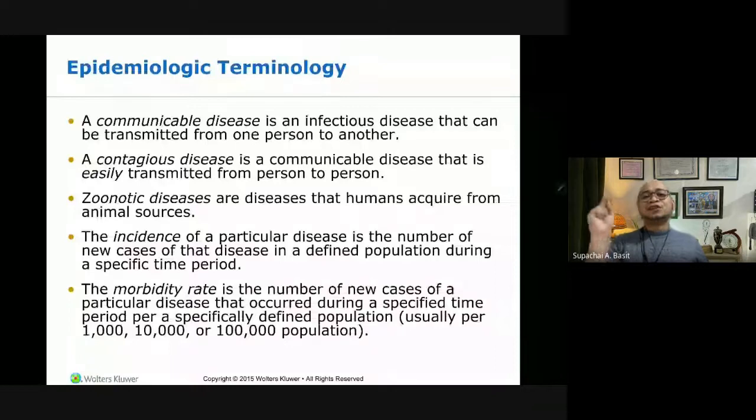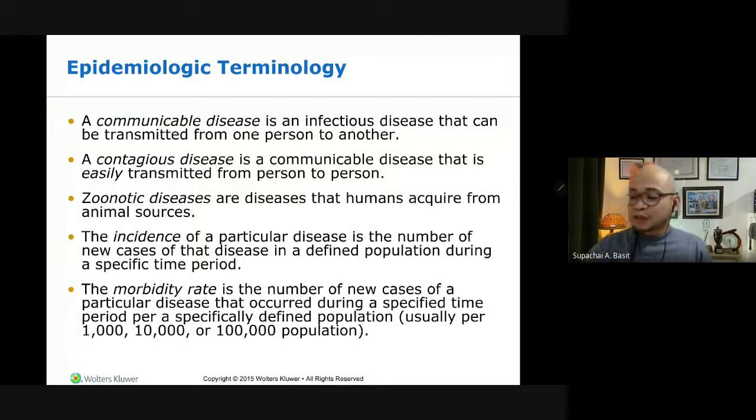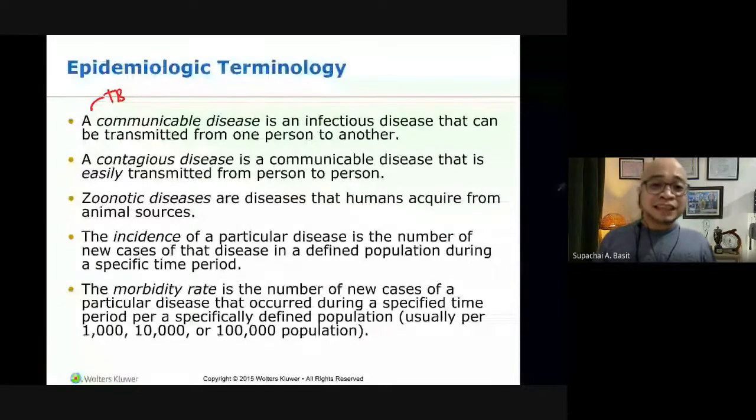So let's say, for example, tuberculosis is an example of a communicable disease because it is an infectious disease that can be transferred from one person to another. However, if a certain infectious disease cannot be transmitted from one person to another, even if it's infectious, then we will be calling it non-communicable.